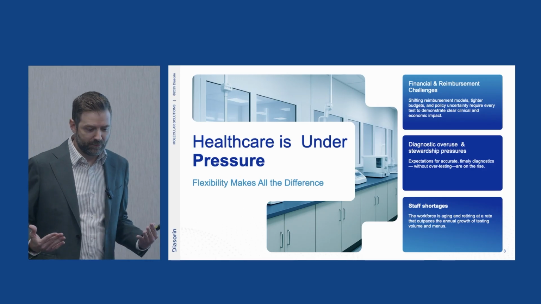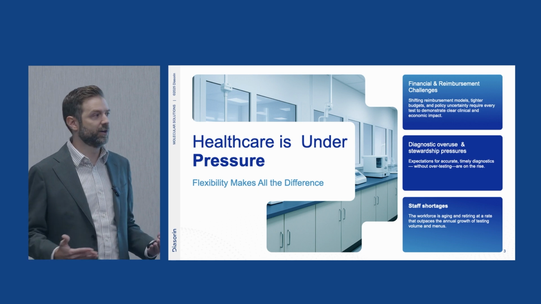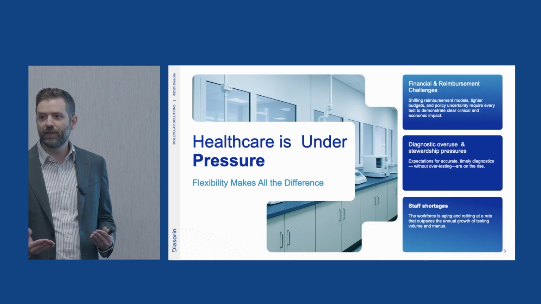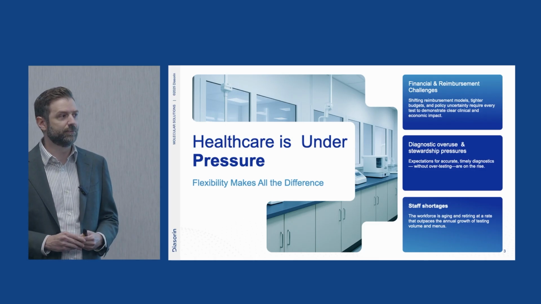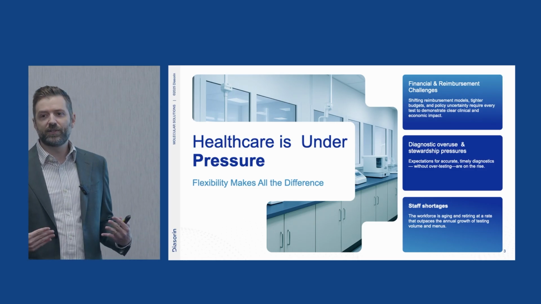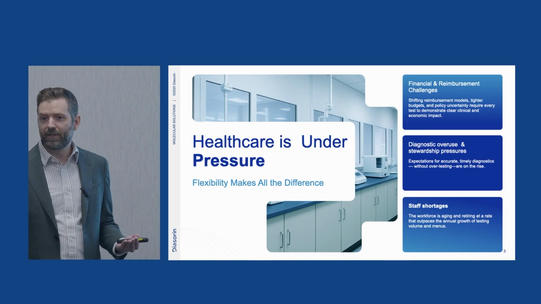There is this increased focus on diagnostic stewardship, trying to constrain our testing to what's most appropriate for that patient and avoid over-testing or testing for things that maybe aren't clinically relevant for that patient. And you're trying to do this in the context of an evolving staffing landscape for the lab, right?